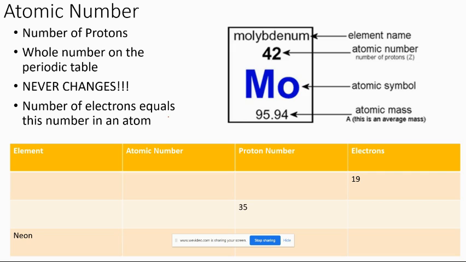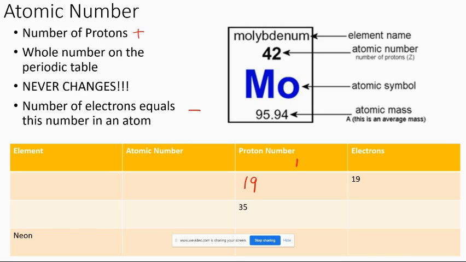The number of electrons then equals the proton number, because when we have an atom, our atom is neutral because we have the same number of pluses as we do minuses. So for here, if we had 19 electrons, how many protons would we have? 19, because we need to have a zero charge.